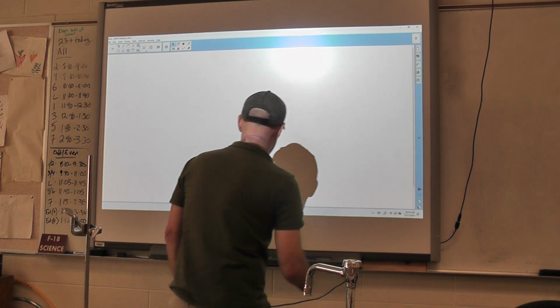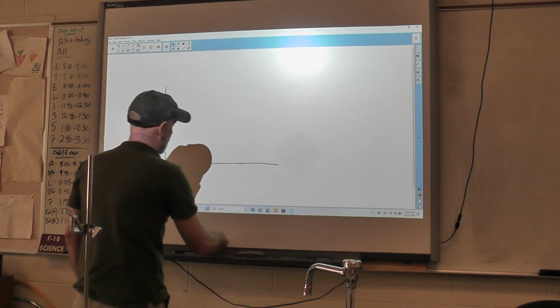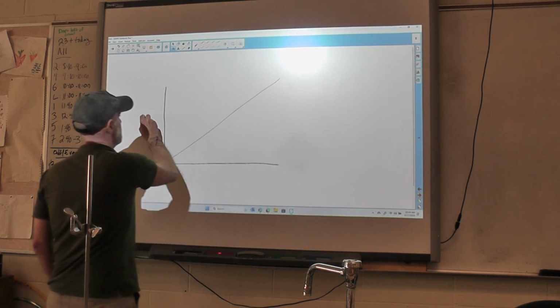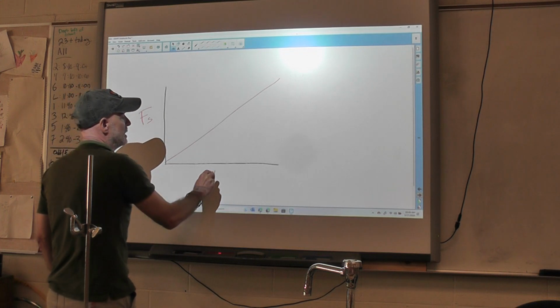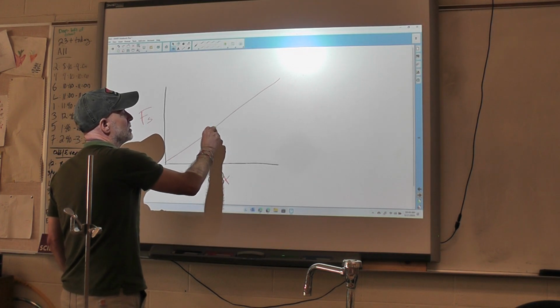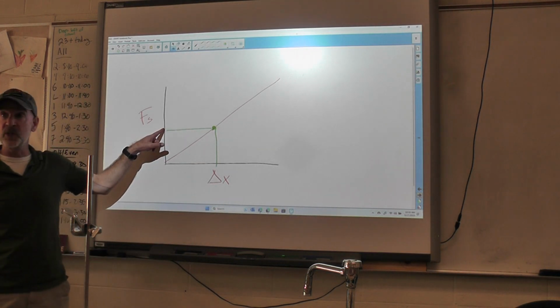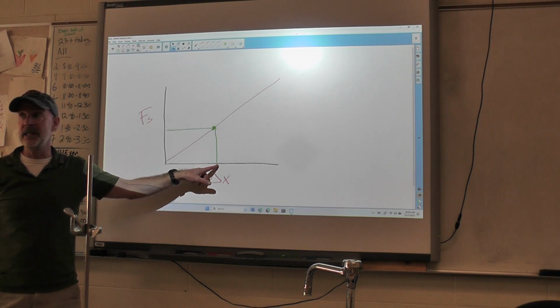It's linear, remember? So if we look at a graph like this, this is the force from the spring, this is the compression distance, we might find that our equilibrium point is right here. This is where the upward force from the spring is equal to the weight of the frog. We can figure out what the distance is.